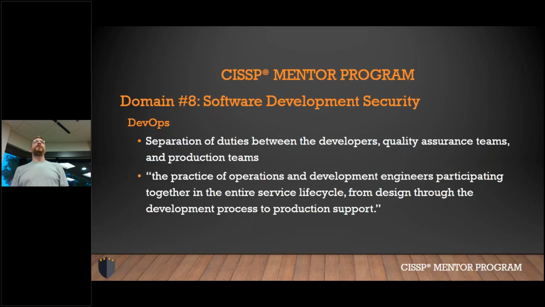So you can't have one person hiding something as they go through the process. The actual definition there: practice of operations and development engineers participating together in the entire service life cycle. But yep, that's what DevOps is. There you go.